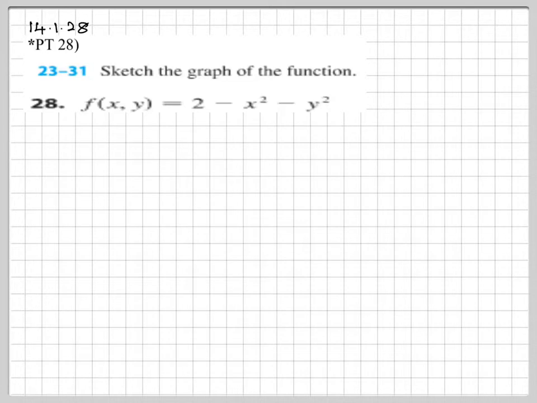Then if you take a cross section on a vertical plane, which is parallel to the xz plane, what is its curve of intersection? Similarly, in the vertical plane y equal to constant or x equal to constant, which is a plane parallel to the yz plane, what is the cross section?